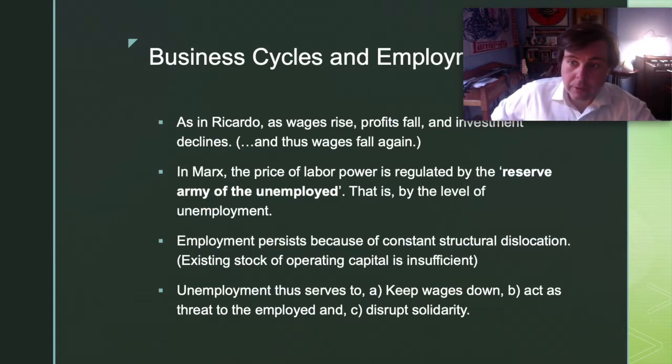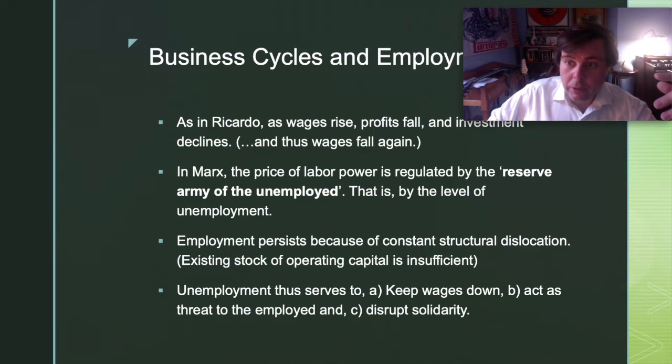Okay, and this is to some extent by design, because if unemployment goes down to a sufficiently low number that wages begin to rise, then those rising wages cut into profits a la Ricardo, and investment falls. That is, the stock of new capital being developed falls, leading to, again, you got it, increased unemployment.